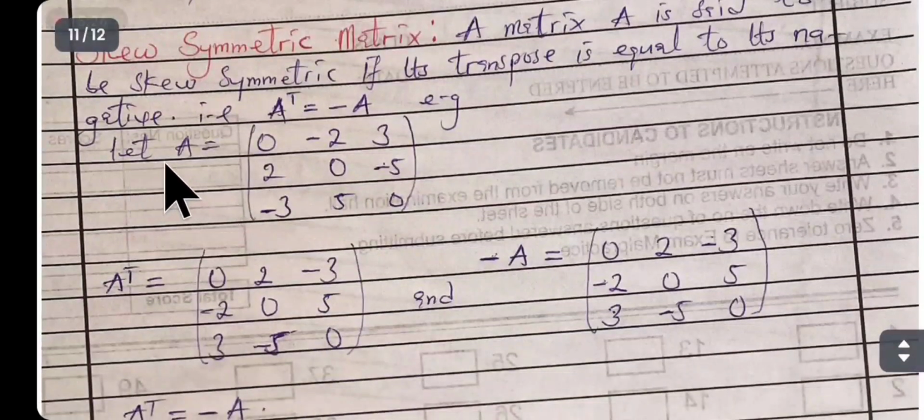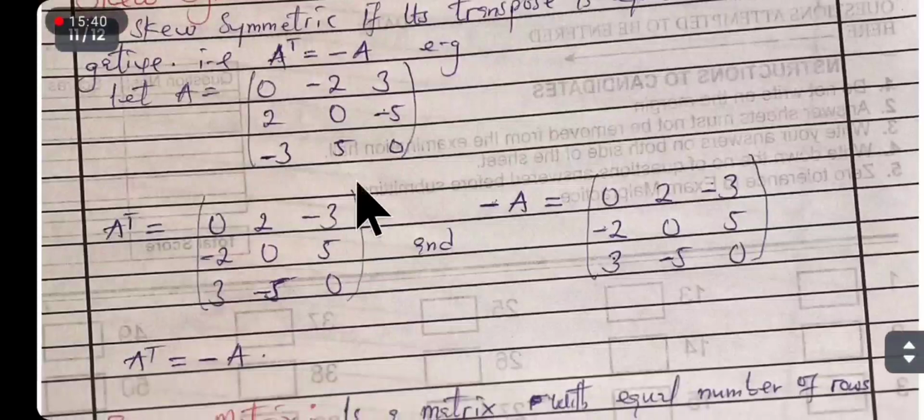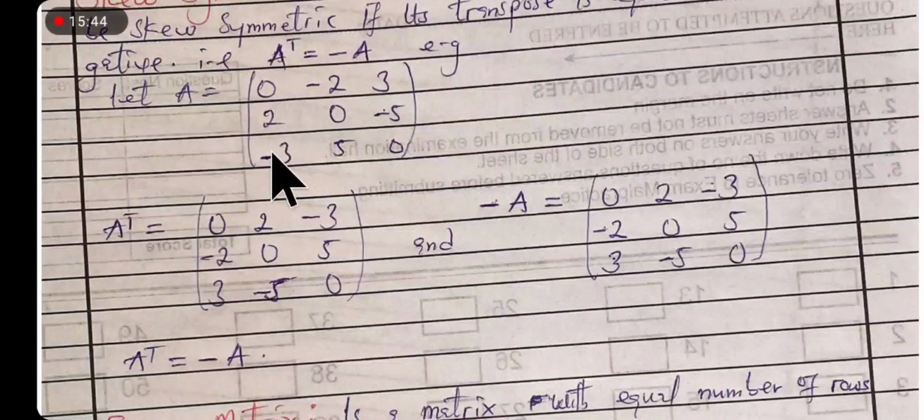Example, let matrix A be equal to this, then we have to find the transpose. If we want to find out whether this matrix is a skew symmetric matrix, the first step is to find the transpose of matrix A. And the transpose of matrix A is, see, the first row becomes the first column. That's how to find the transpose. Second row becomes the second column.